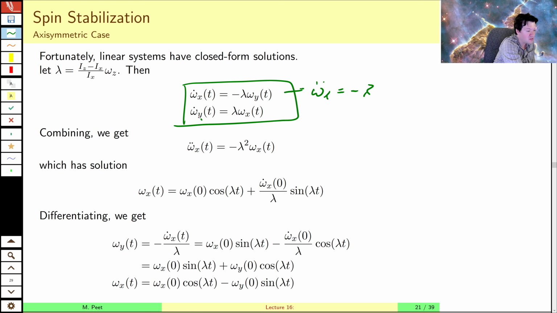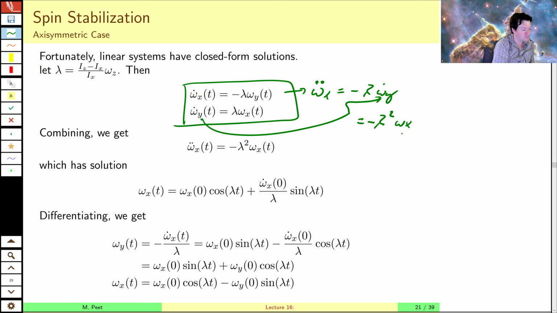Just take the derivative of this one, negative lambda omega dot y, and we plug in there for omega dot y. That's equal to negative lambda omega x. So omega double dot x equals negative lambda squared omega x. So we get one equation of motion decoupled from all the others for omega x.